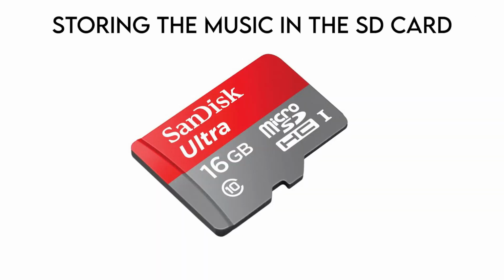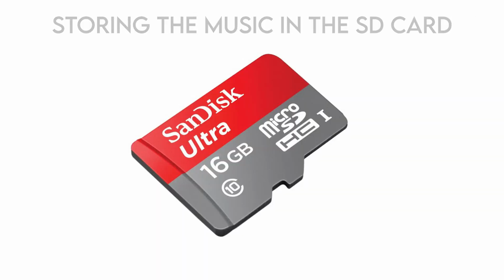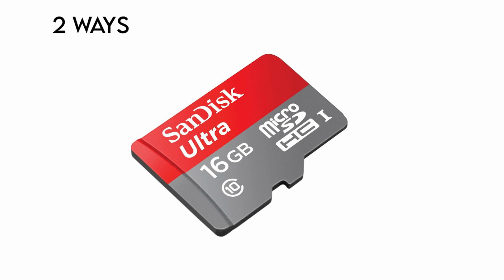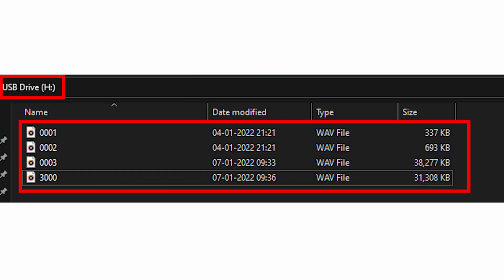Now it is time to store the music in the SD card. You can do that in two ways. You can store the music files in .mp3 or .wav format directly into the root directory, and you can name the files like this: 0001, 0002 and up to 3000.